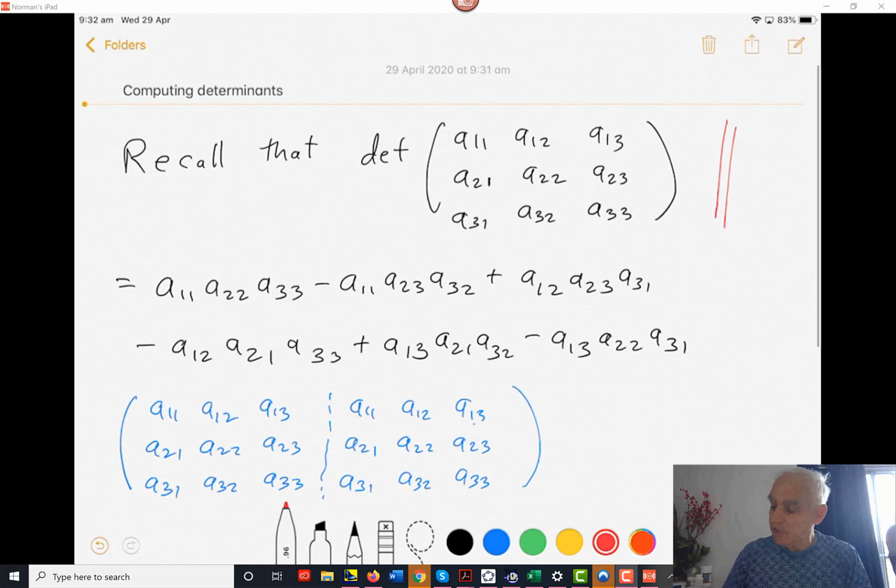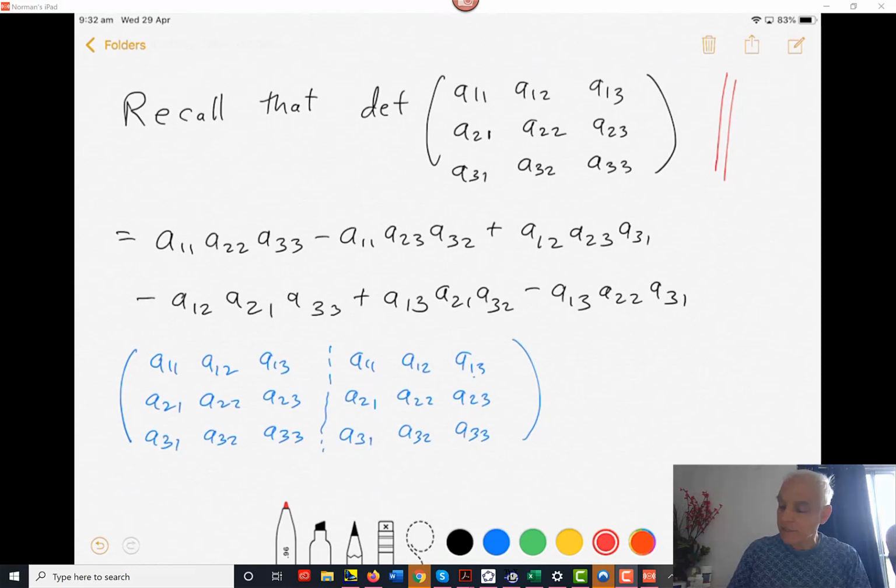Okay, the idea is to just copy the matrix down here in blue on the left and then another copy on the right. And then it turns out that the various 6 terms correspond to taking diagonals in this setup. So for example, if we take this diagonal, A11, A22, A33, that corresponds to this term. If we take A12 times A23 and then keep going down here to A31, that corresponds to this term.